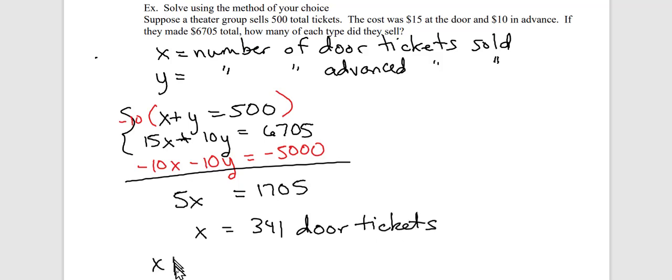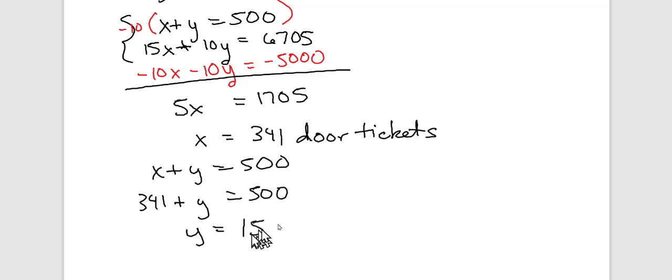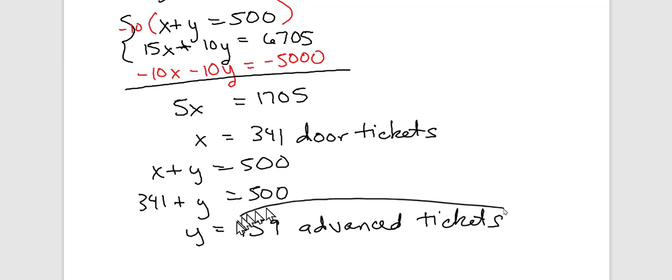And then I would use that first equation, X plus Y is 500. 341 plus Y is 500. So Y is 159 advance tickets. The sum of them is 500.